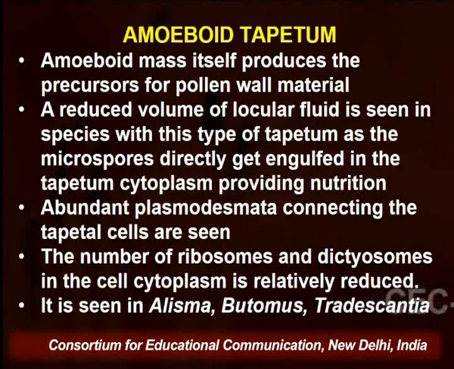The number of ribosomes and dictyosomes in the cell cytoplasm is relatively reduced. Now, in the next type of tapetum, we will study that there is formation of Ubisch bodies, but in amoeboid tapetum, the Ubisch bodies are not present. Amoeboid tapetum is seen in Alisma, Butomus, Tradescantia, and many other species.